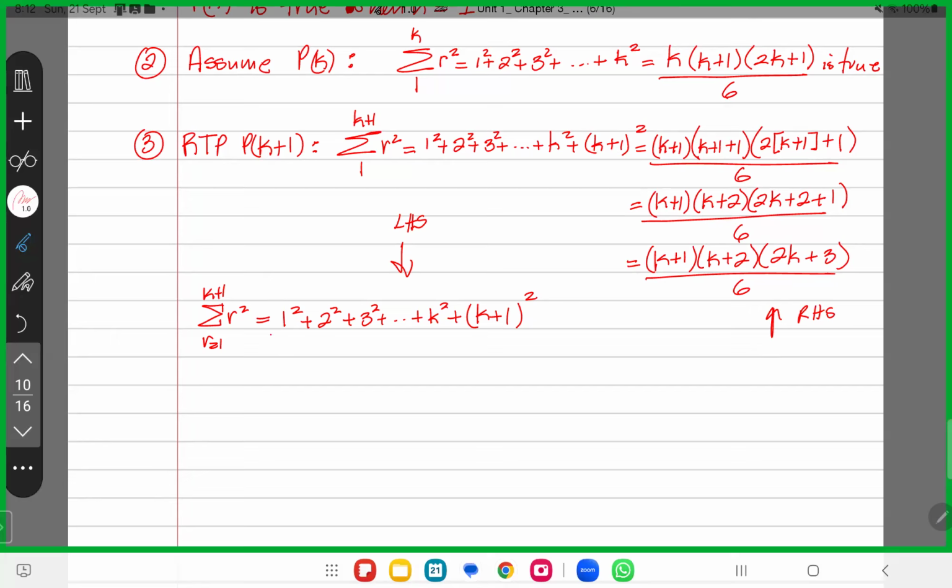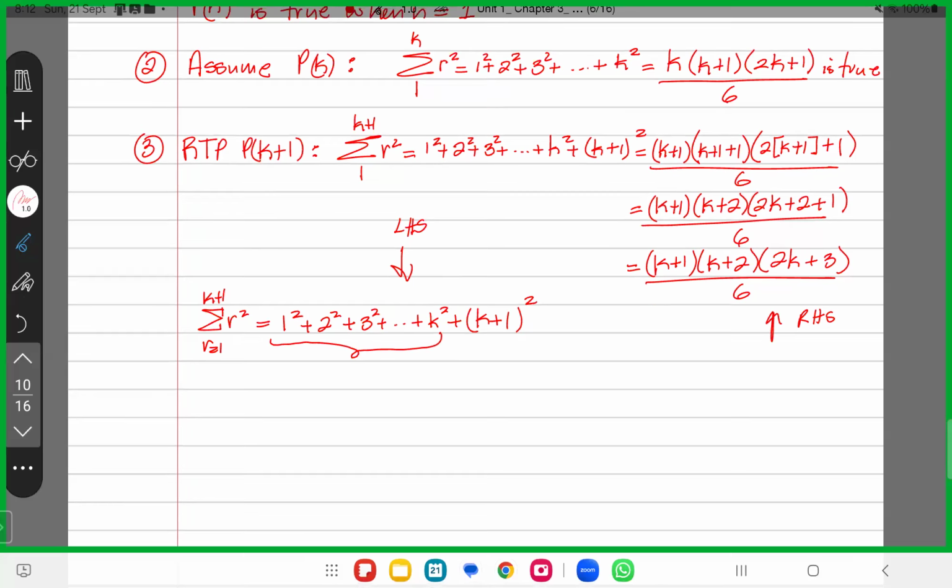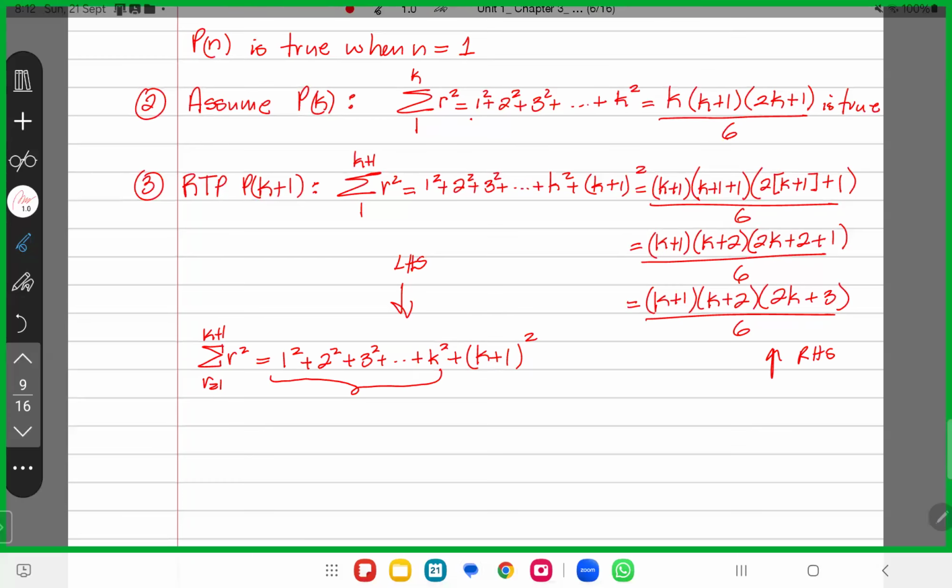Now, if you're observant, you'll notice that the sum of the squares of the counting numbers from 1 squared to k squared is actually P(k). This part here is actually this. And from step 2, we're told that this is equal to k multiplied by (k+1) multiplied by (2k+1) over 6.